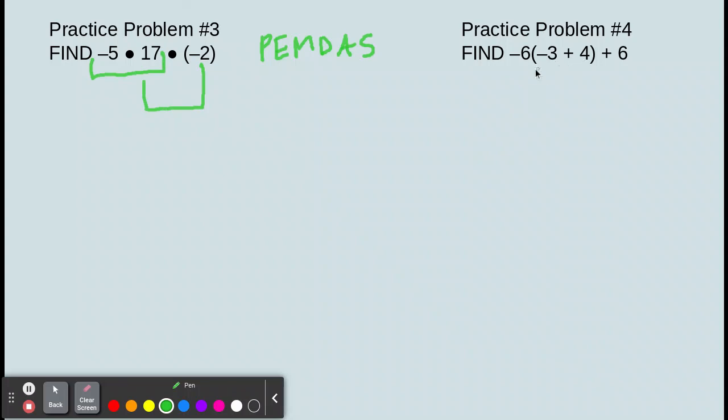On this one here, you're going to evaluate what's inside the parentheses first, multiply that times your negative 6, and then add that to 6, or add 6 to that answer. All right, so give those a try with those hints. And that is the end of 2.1.